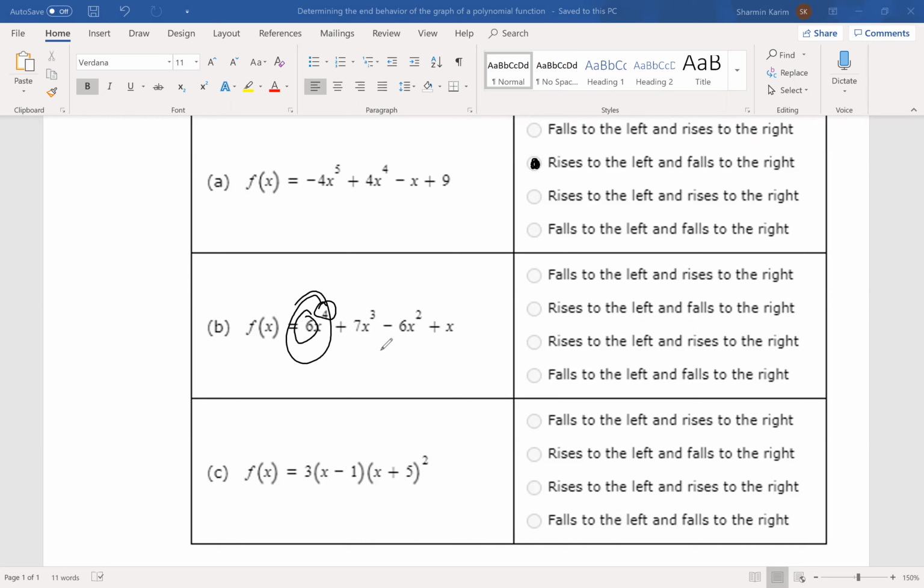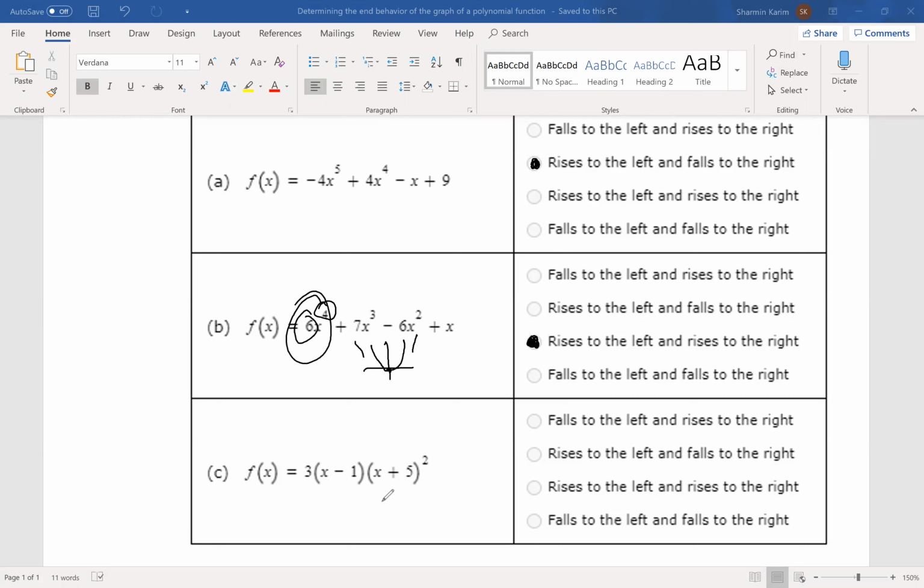So think about the graph of x squared, leading coefficient positive, degree even number. So degree even, leading coefficient positive, it rises to the left, rises to the right. So this will be the answer.